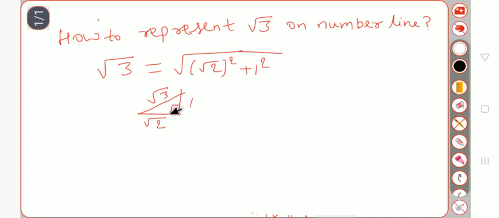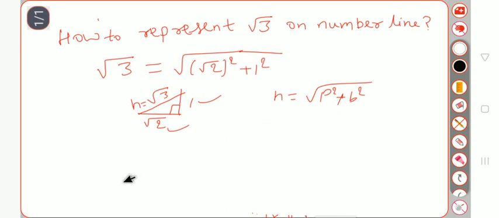This is the 90 degree, this one is perpendicular, this root 2 is base. So what we get as hypotenuse? It will be root 3. Hypotenuse is perpendicular square plus base square. So perpendicular is 1 and base is root 2. So we will get h as root 3.